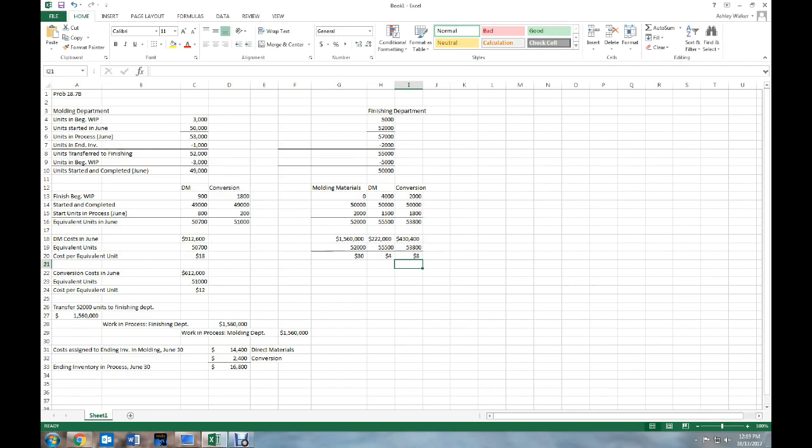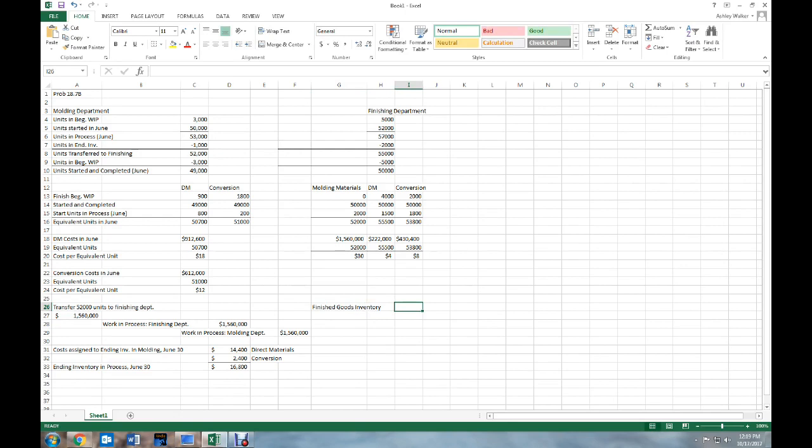So now we need a summary journal entry for the finishing department as well. We're transferring from finishing department to finished goods. That's the last step in our process. So who's getting it? Finished goods inventory. That's who's getting it.